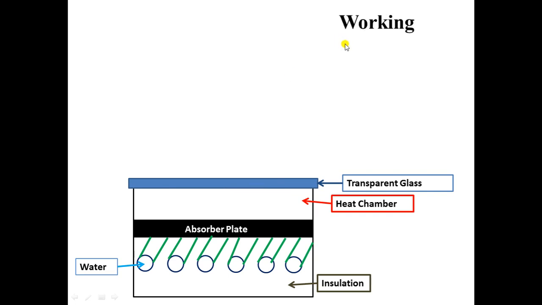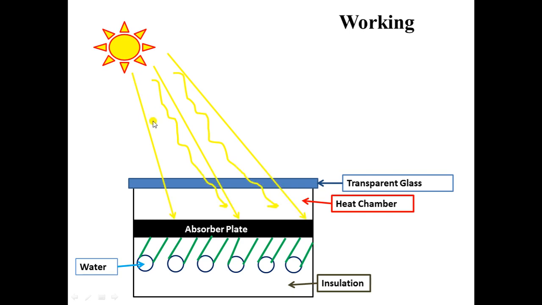Now let us understand the working of this liquid flat plate collector, which is very easy. We have the sun, with radiations consisting of diffuse type and direct type. The radiations strike the surface of the collector and are absorbed by the absorber plate, which gets heated up and its temperature increases. Because the tubes are attached to the absorber plate, the tubes also get heated, and the water inside the tubes gets heated.